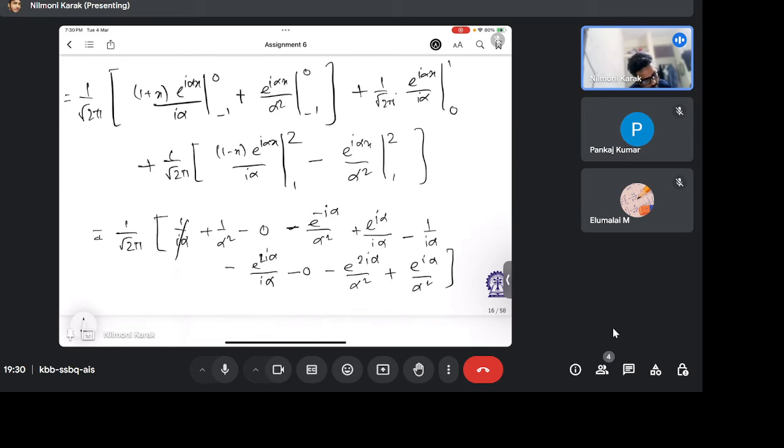One alpha will cancel, and now you have to calculate.